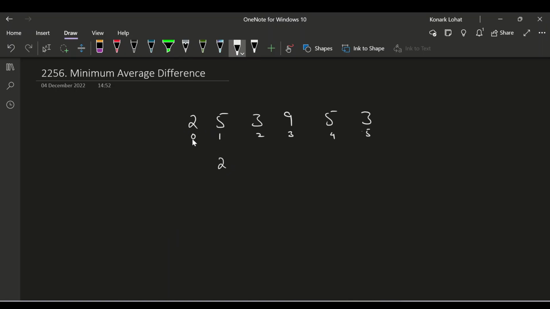Now for index 0, the average difference will be these elements and the elements on the right, right? So this was 20 and this is 25. 25 divided by 5 is 5. So 5 from the right average, and the left average will be 2 divided by 1, which is 2. So this part is 3. So we have 3 at this part.